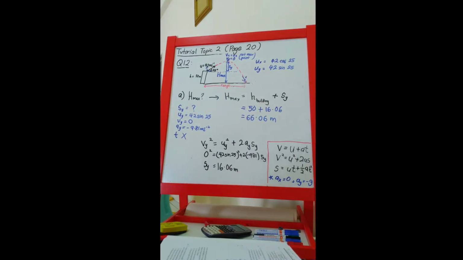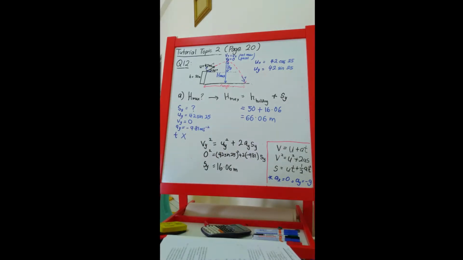But please remember, for projectile motion you need to label whether you are doing the x or y component. You are trying to find sy, therefore all vectors here need to be labeled with y: vy, uy, ay, sy.